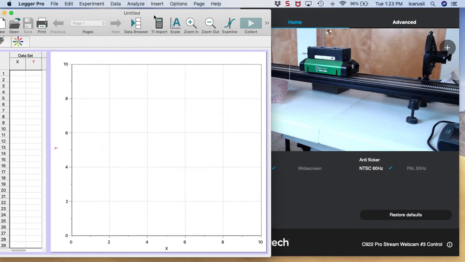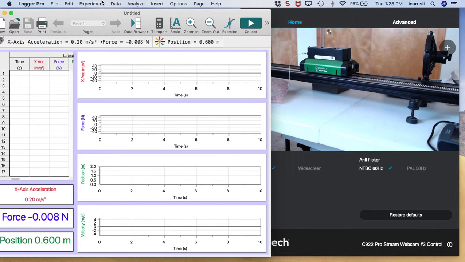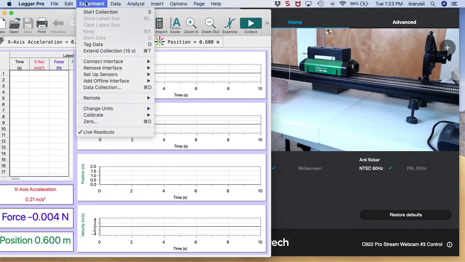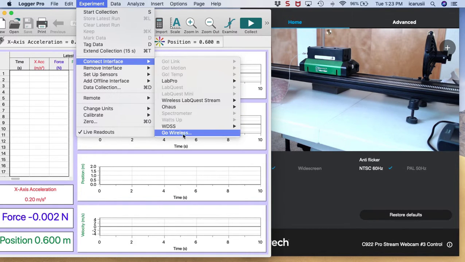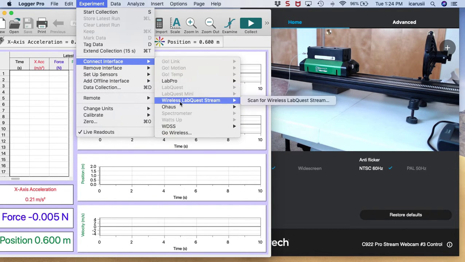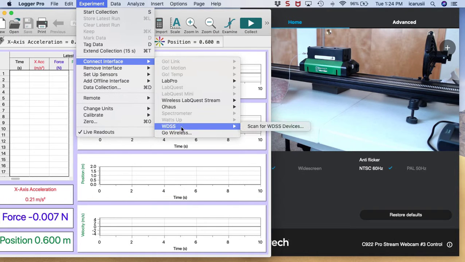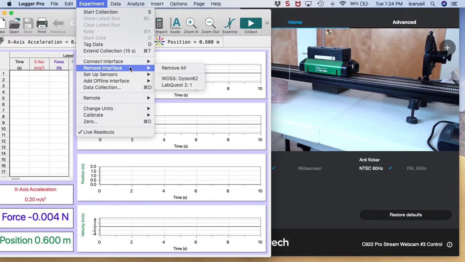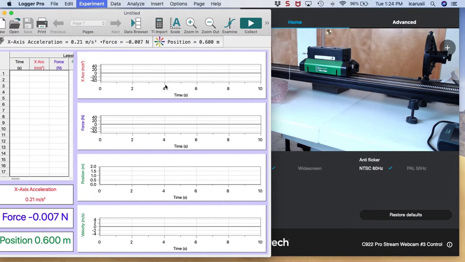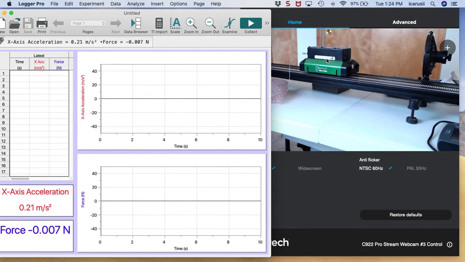Okay, so here's my new sheet, and I'm going to get rid of my LabQuest because I don't need it right now. What I do need is Dyson, and Dyson is already connected. Now I'm going to zero this out.